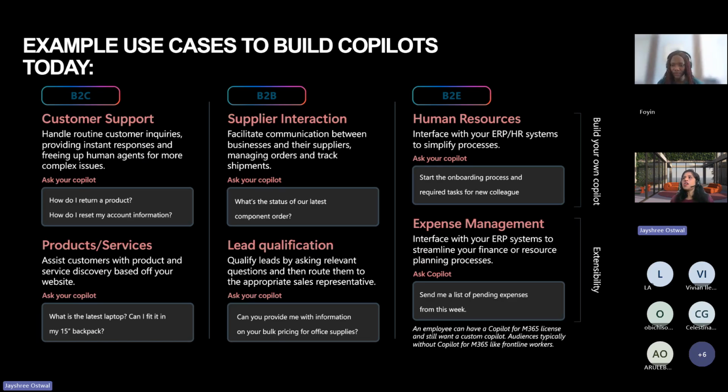Let's understand those. So in B2C, business to customer, business to business, and there is B2E, there are multiple business use cases. Actually, in all sectors, I would say, from HR to all the other products as well, we can start building agents.